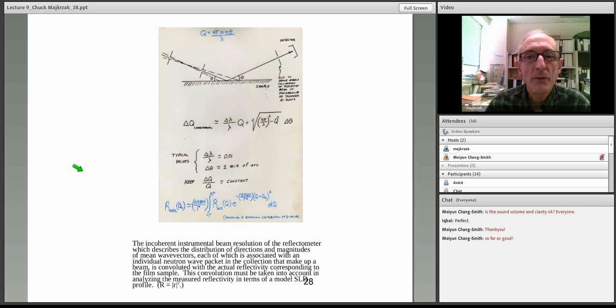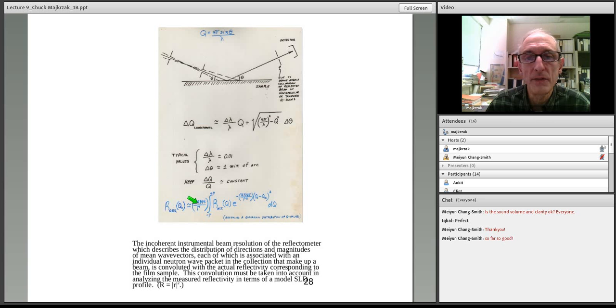Okay, as in all scattering techniques, we have to remember that what you measure depends on the characteristics of the beams that you're using to study the sample with, and that if the beam has a finite angular divergence and energy bandwidth, then we have to fold the exact calculated reflectivity as a function of Q for a model system at a given wavelength and angle of incidence with the distribution that the beam represents.